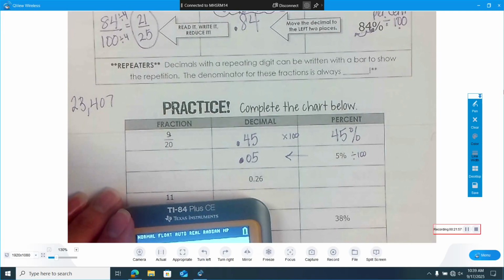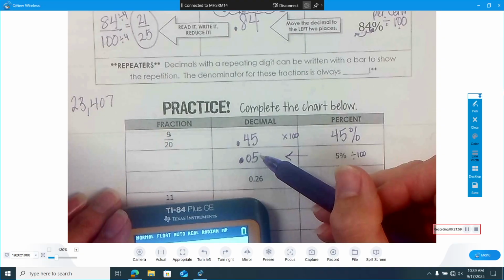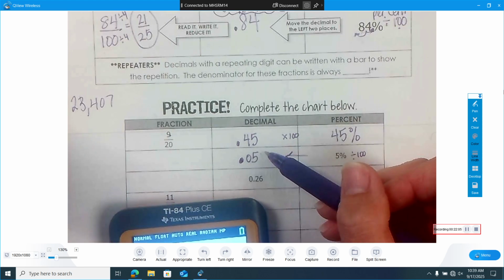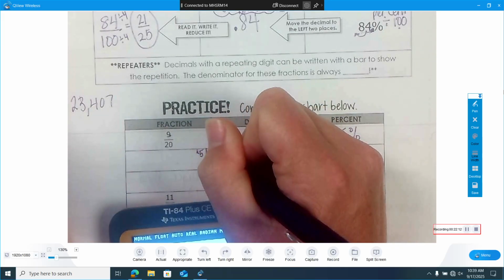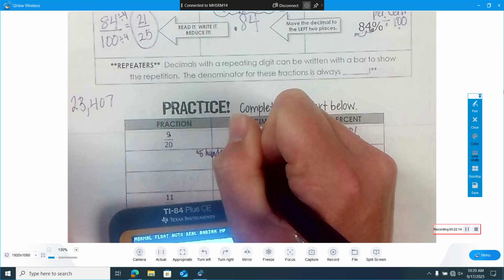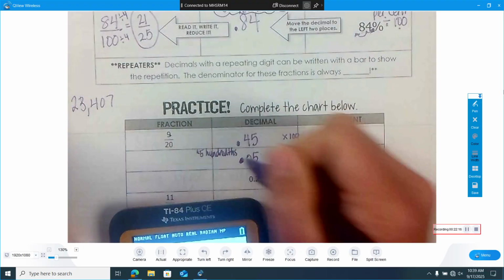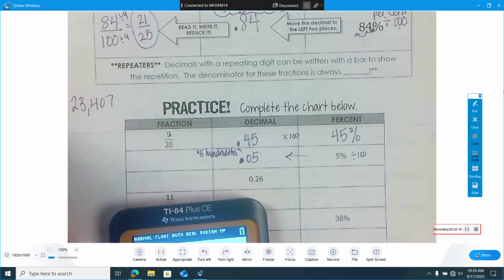All right, now what is the proper name for 0.05? No, what you got? 5 hundredths. Yes, we would call this 5 hundredths. All right, and 5 hundredths is what fraction?